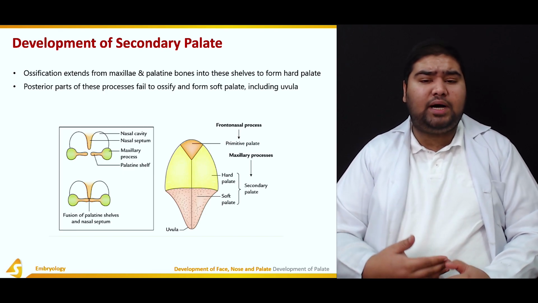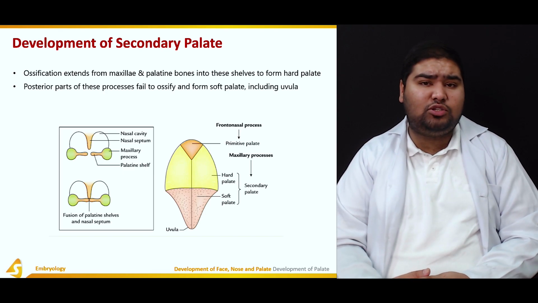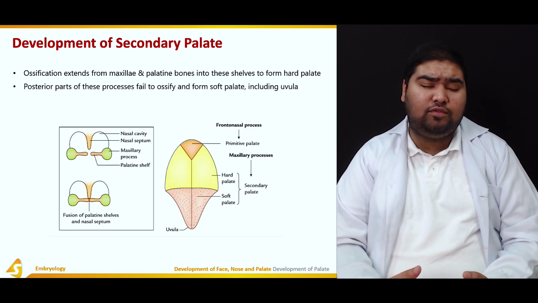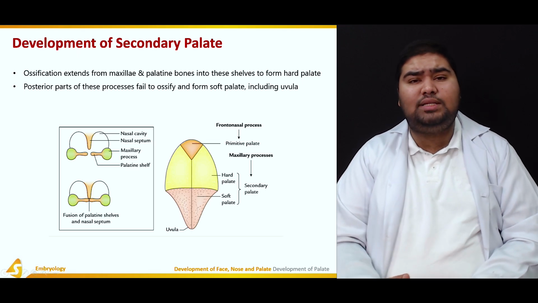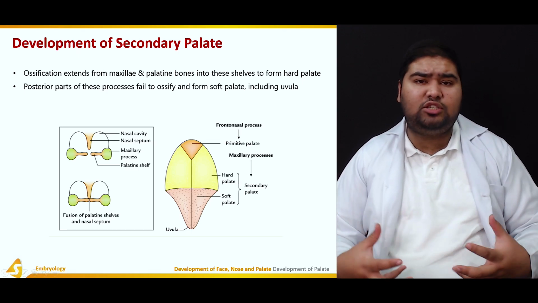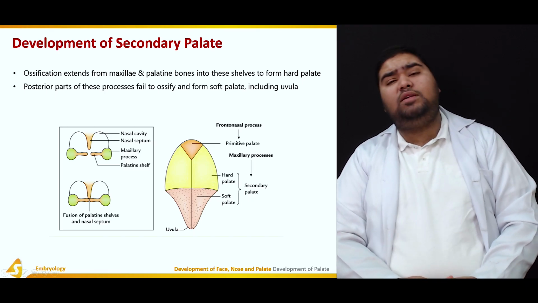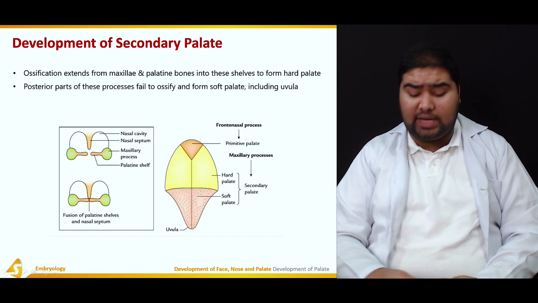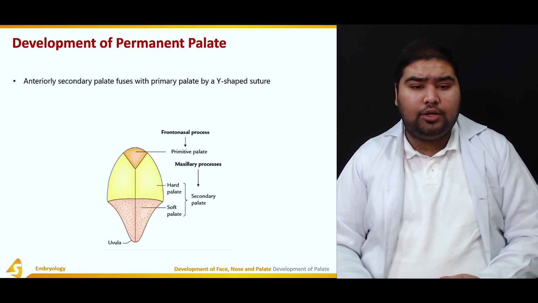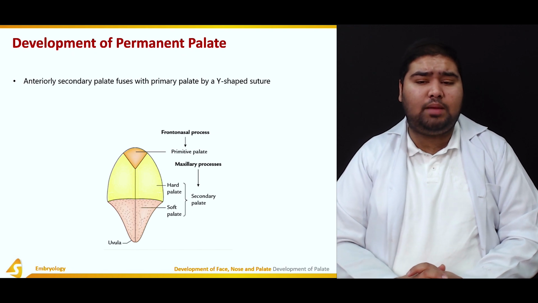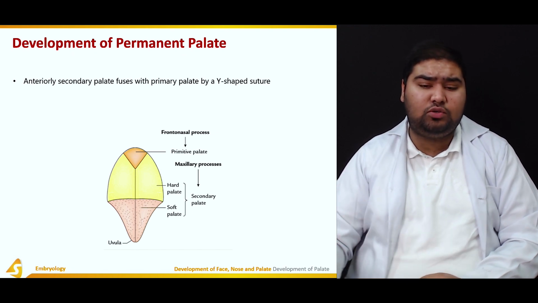However, the posterior part of this process fails to ossify, and forms the soft palate and the uvula. So the anterior 2/3 undergo ossification to form the hard palate. However, the posterior 1/3 does not ossify and forms the soft palate as well as the uvula. So anteriorly, the palate fuses with the primary palate by a Y-shaped suture.